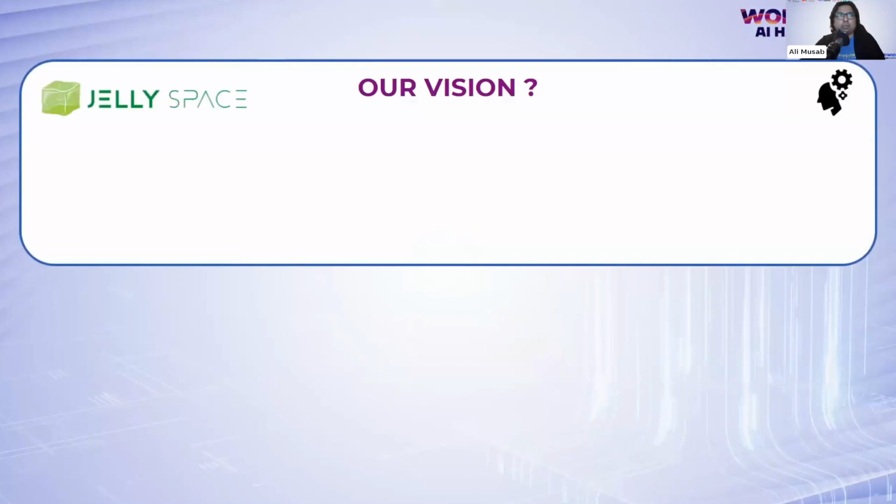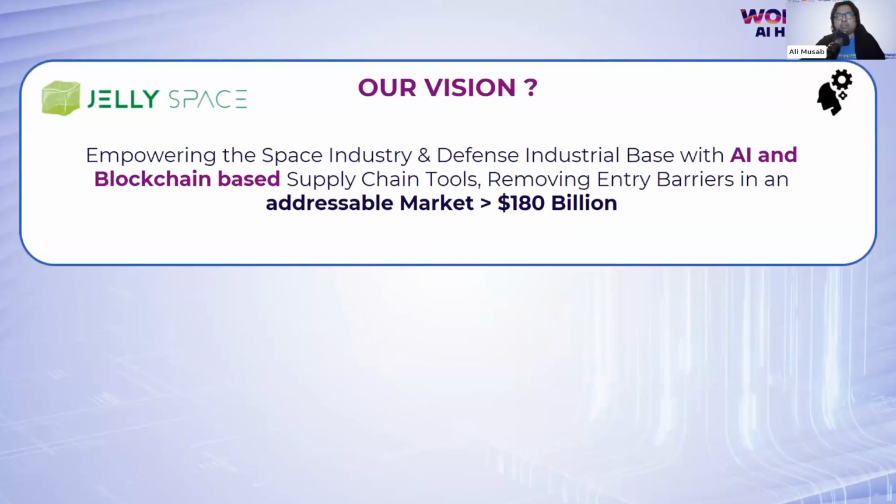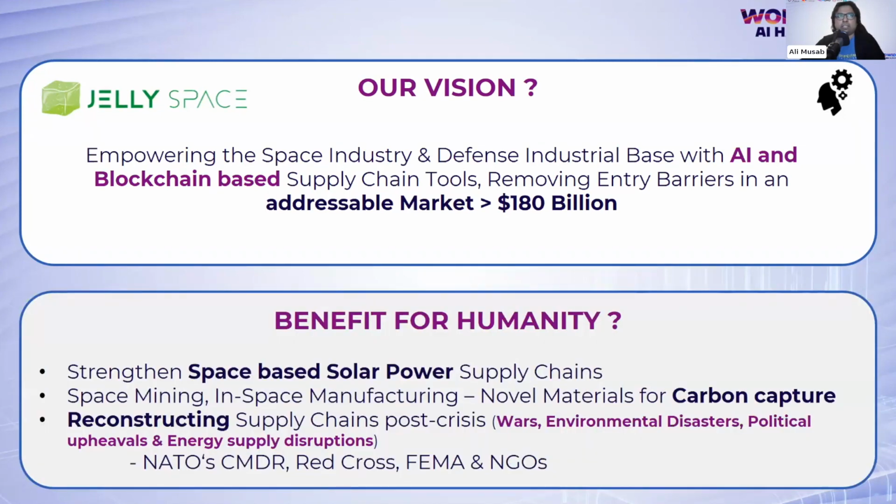Our vision, we are JellySpace, empowering the space industry and the defense industrial base with AI and blockchain-based supply chain tools, fundamentally removing the entry barriers in a total serviceable and addressable market greater than $180 billion. Benefit for humanity: JellySpace is interested in strengthening supply chains that contribute to solutions for energy problems and climate change.